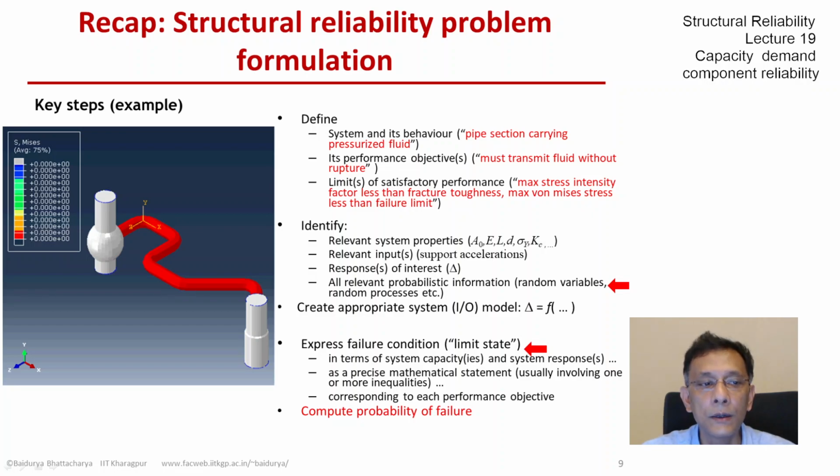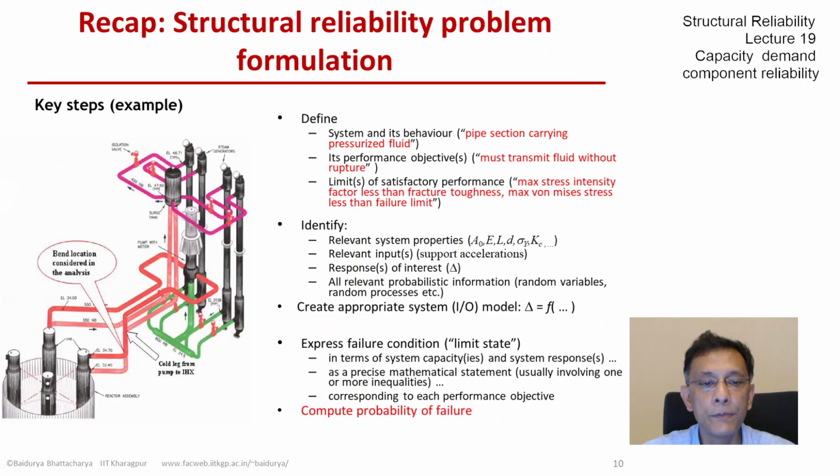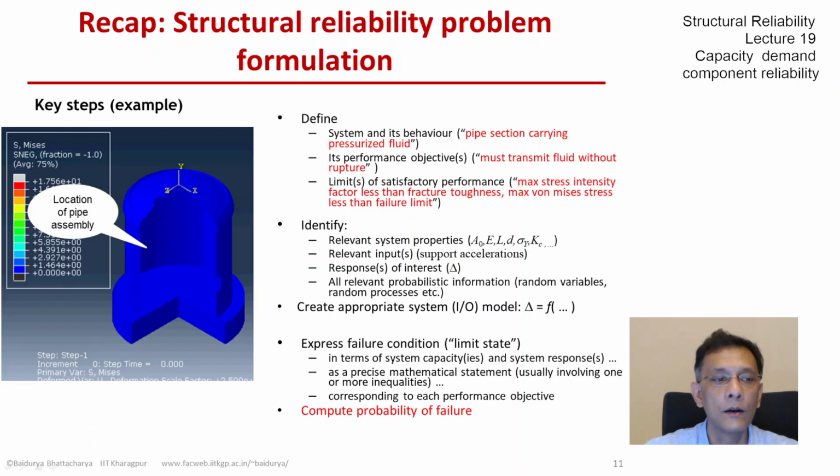This pipe section could actually be part of a larger system which we need to analyze. So now we are looking at a more complicated system with more degrees of freedom, and this pipe system could actually be part of a nuclear power plant containment structure.